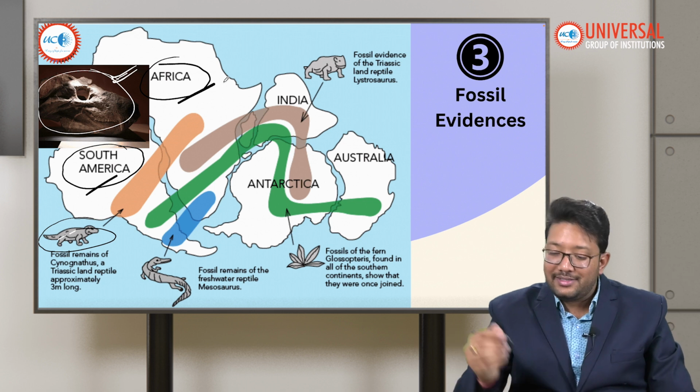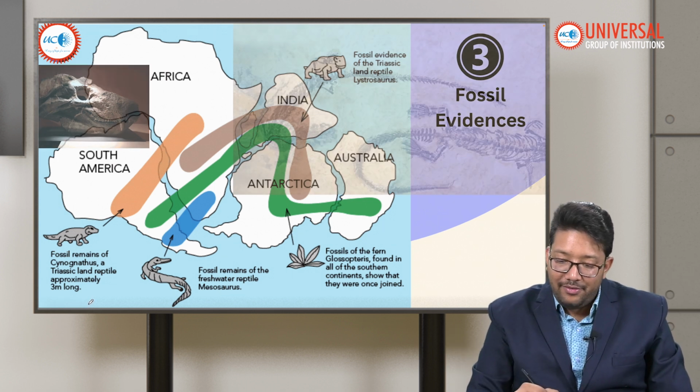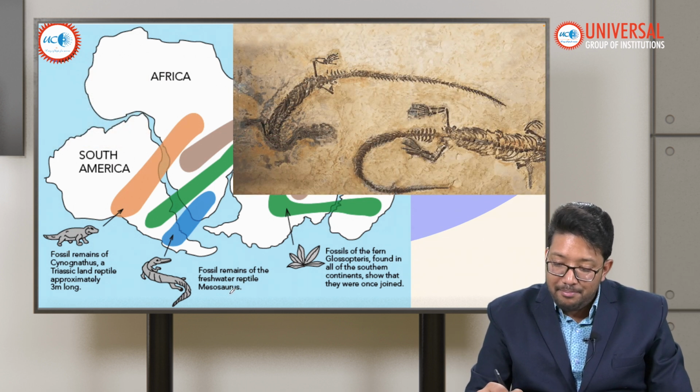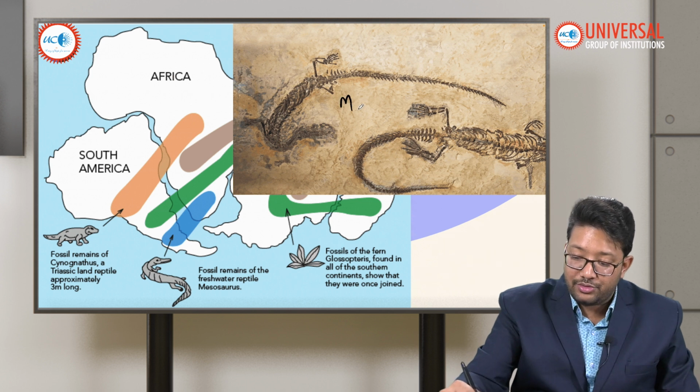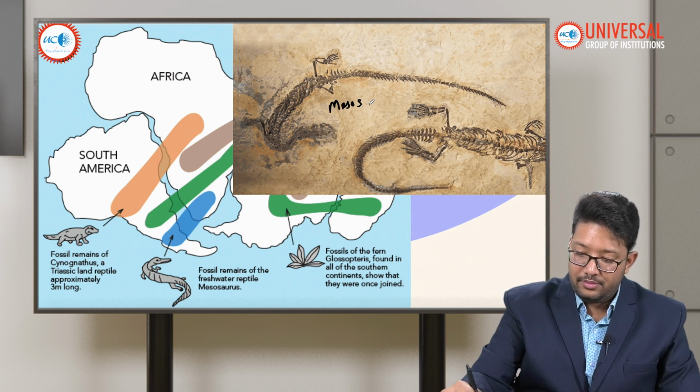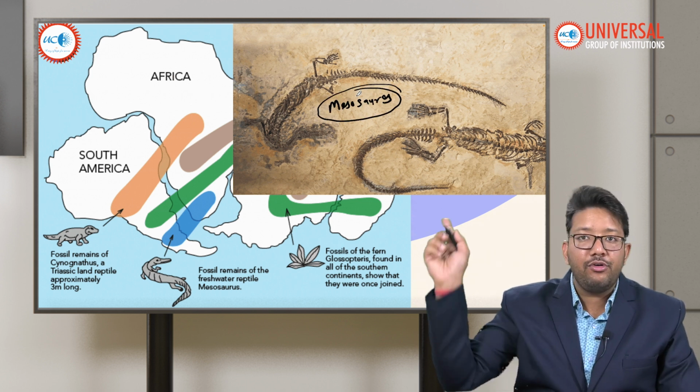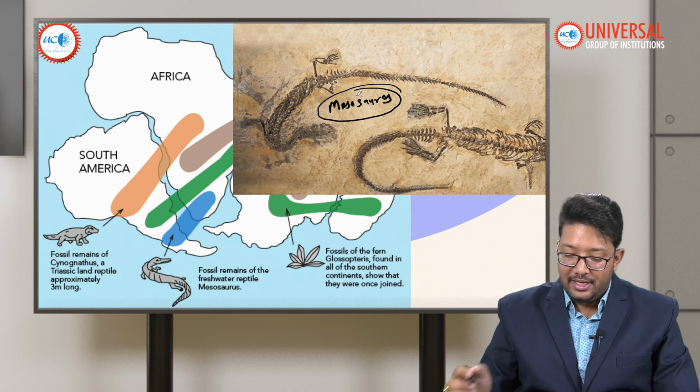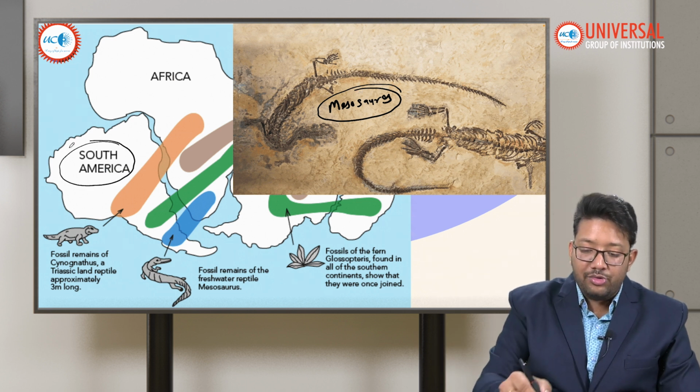Logic point. The second fossil he gave as evidence was Mesosaurus. So this is our Mesosaurus. We have found this fossil evidence again in South America and Africa.